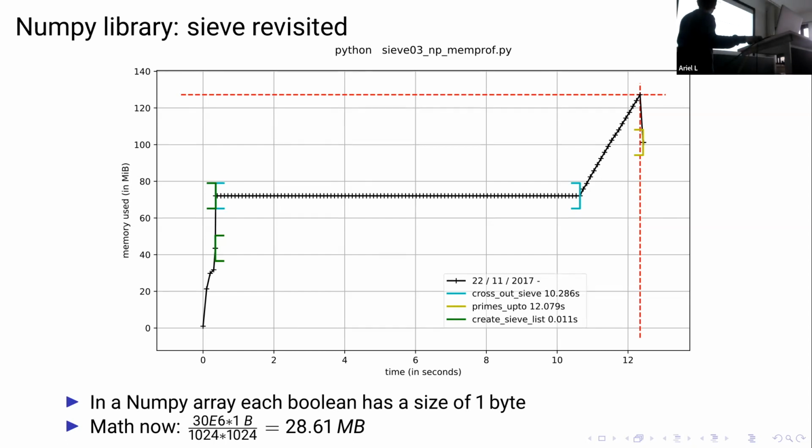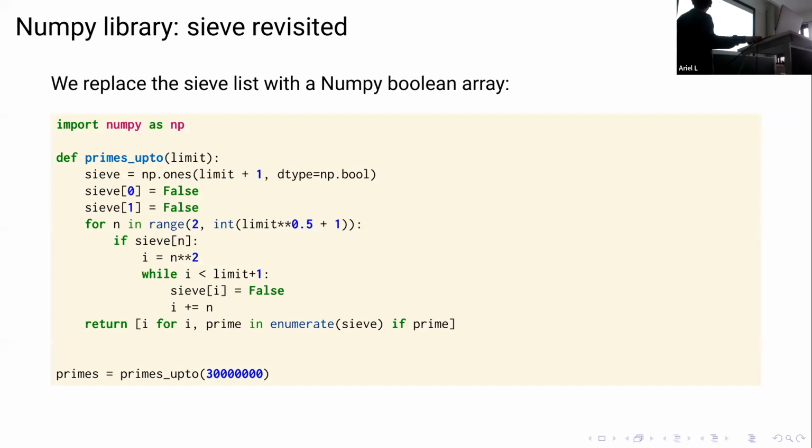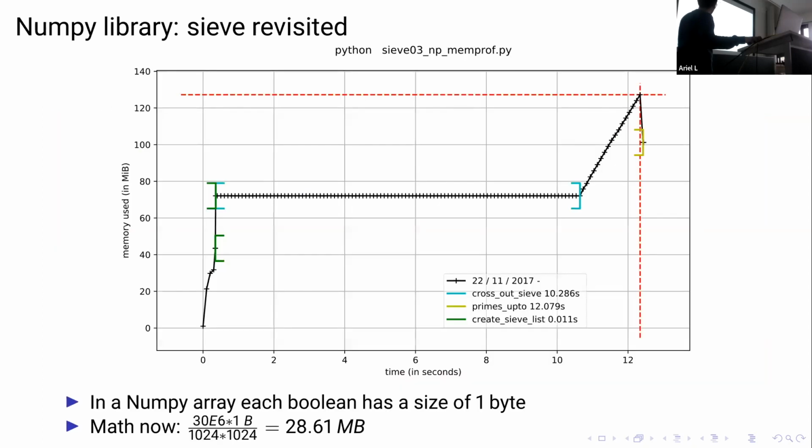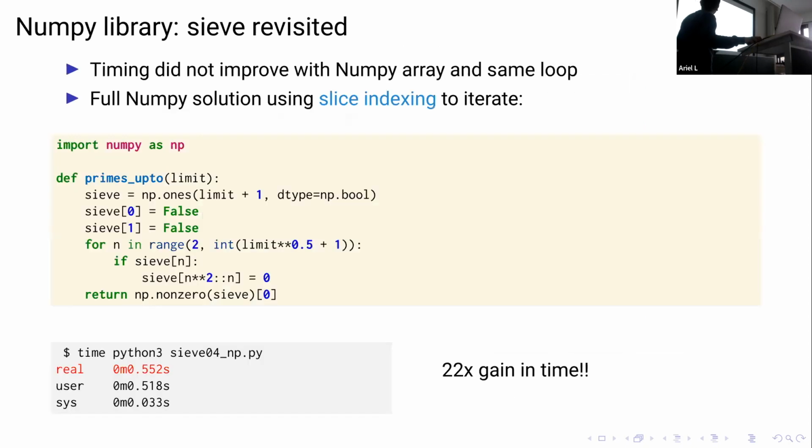So, not magically, but just by changing the kind of object that we are using, we had an order of magnitude less memory use, by using something that has been developed for being more efficient in memory usage. But as we just saw, the timing didn't improve at all, using exactly the same logic.